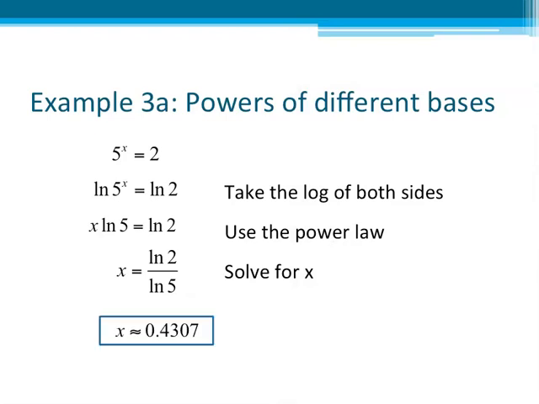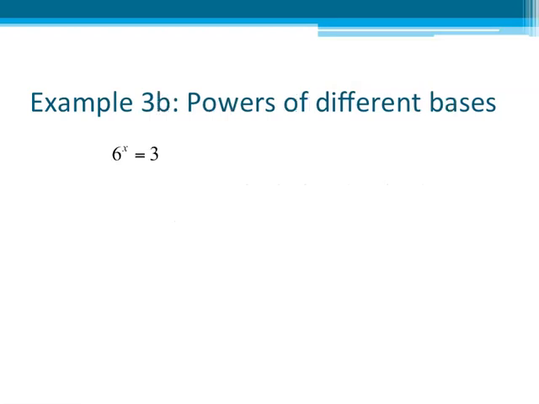Let's do another example. So we have 6 to the x is equal to 3. Take those 3 steps again. So first step, take the log of both sides. Ln of 6 to the x equals ln of 3. Second step, use the power law, bring the x out in front. So we have x ln of 6 equals ln of 3.